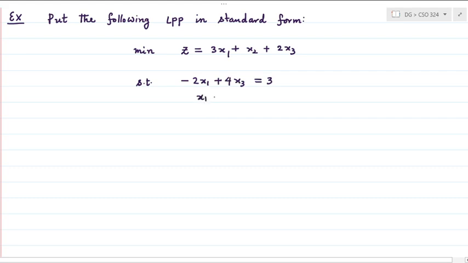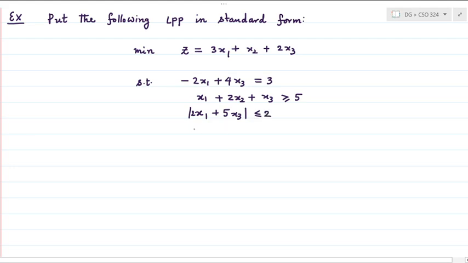Second is x1 plus 2x2 plus x3 greater than or equal to 5, and you have the modulus of 2x1 plus 5x3 less than or equal to 2.